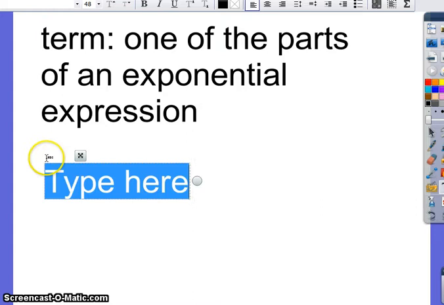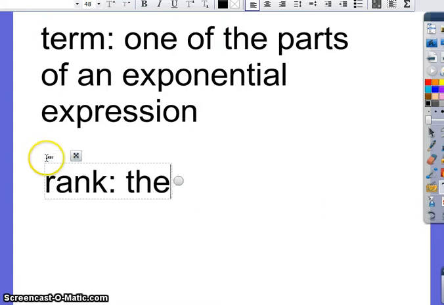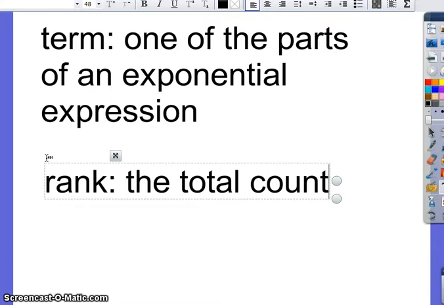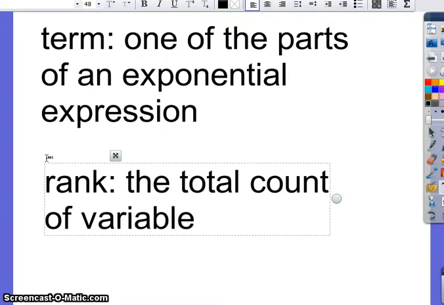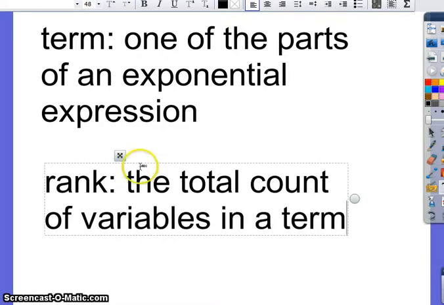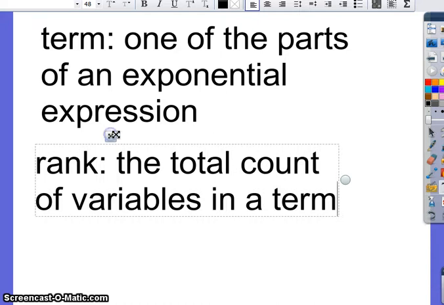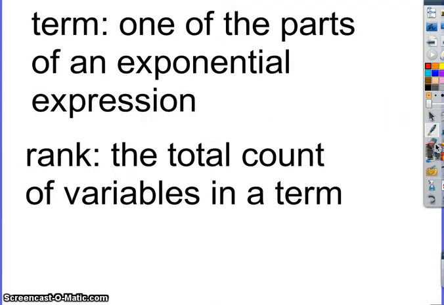All right, so I'm going to be talking about the terms in an exponential expression, and then each of those terms has a rank. The total count of variables in a term. So for example, and it's the reason I'm going to be ranking. When I say rank, I mean like, you know, first place, second place, third place. That's a rank. So I can rank, let's say, x to the 7th plus x to the 3rd plus x.